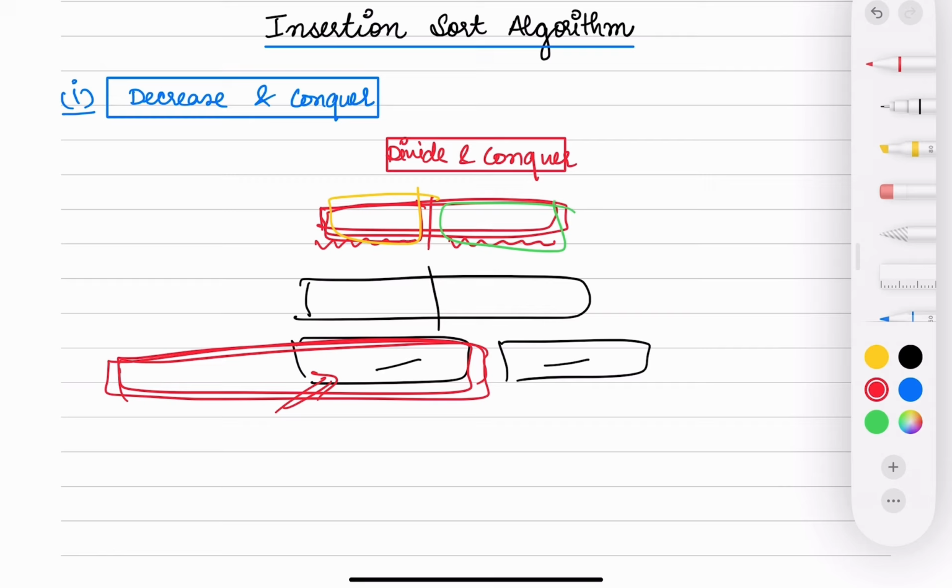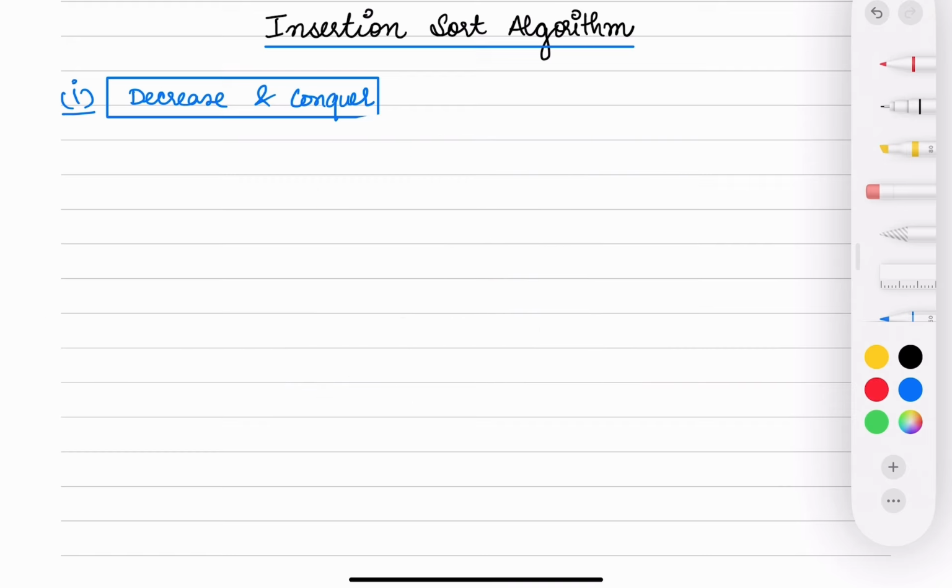Are you getting it? If not, I'll make some more points on decrease and conquer. If you are not understanding, let's see if we can.